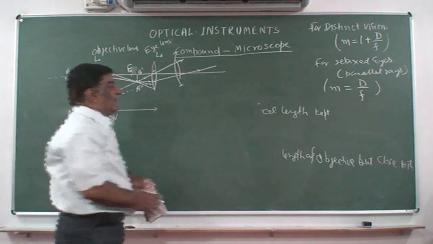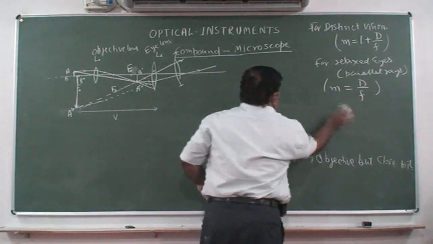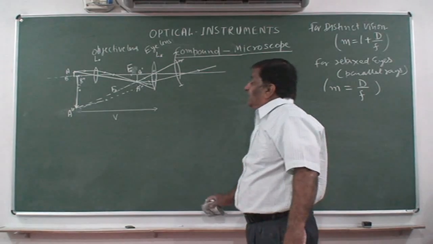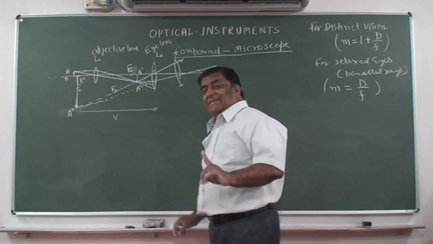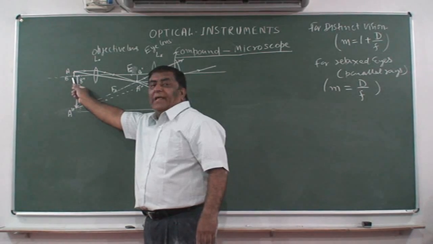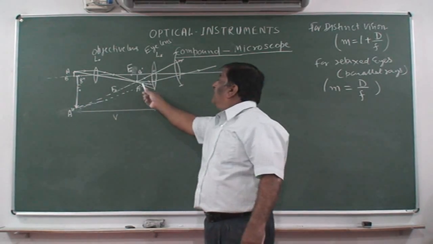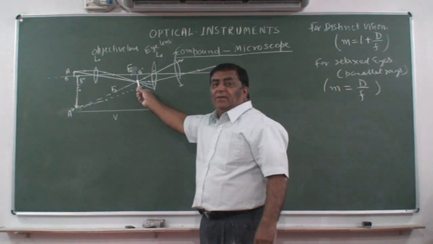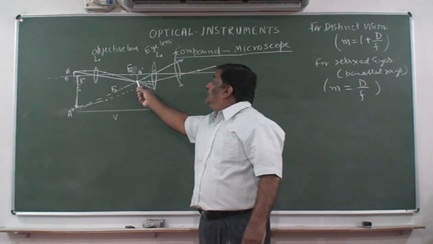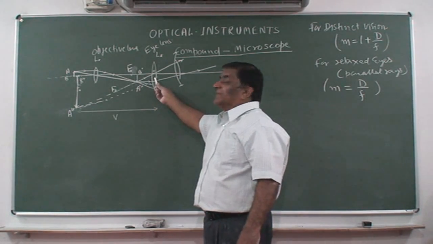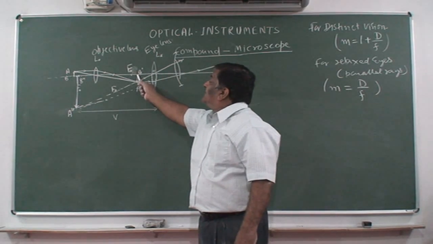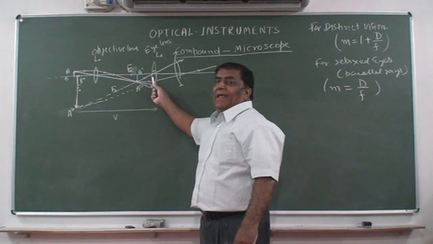So this is the ray diagram made by the compound microscope, and this you should remember. This is very important. Remember all the things in detail. Where the object is to be kept? Beyond focal length. What type of image it forms? Real, inverted, larger. This image acts as object for this lens, but we slide it so much that this image lies within the focal length.